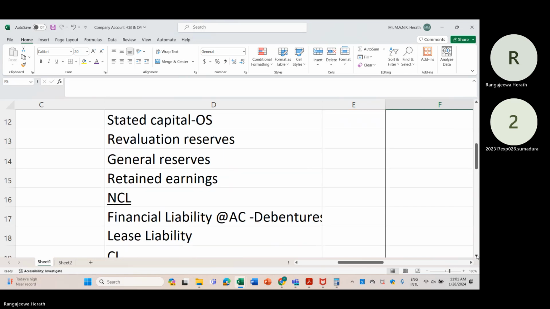Then the non-current liability, we have financial liability at amortized cost, the debentures, right? We have a debenture issued, right? Non-current liability, we have a debenture and lease liability both, right? Financial liability at amortized cost, that is the debenture, and the lease liability.